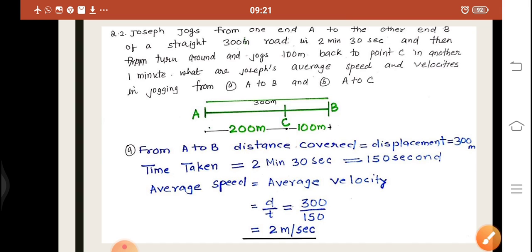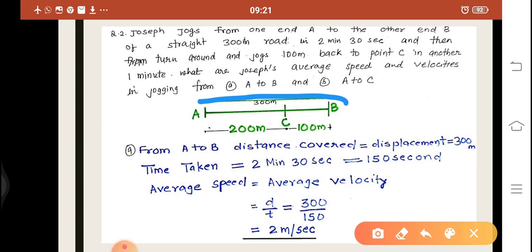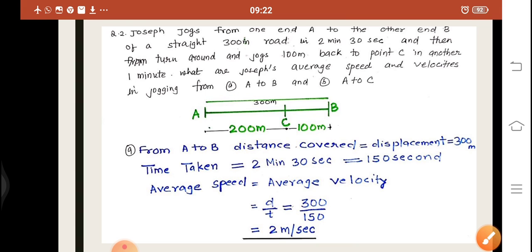But now he goes 100 meters back, he is going like this and then coming back. This point is C, this point is B. So now what will be the distance and displacement? When he moves from A to B, 300, and returns from B to C, 100, the distance will be 400, whereas the displacement will be 200.